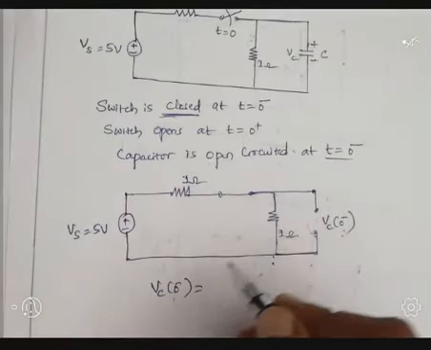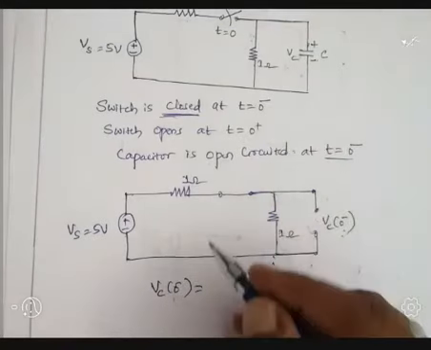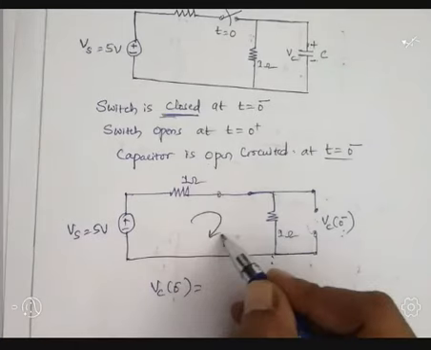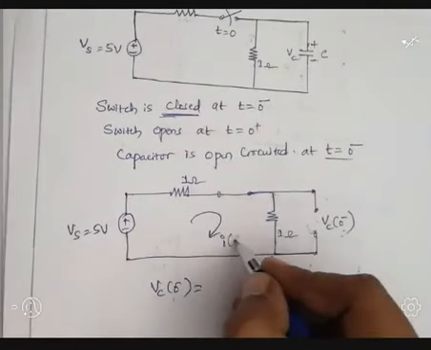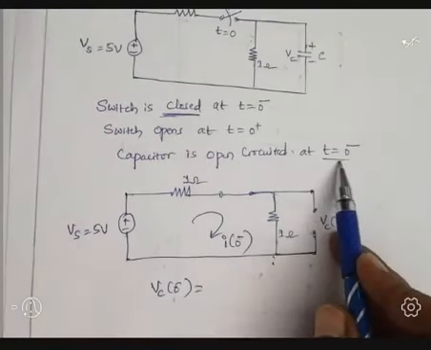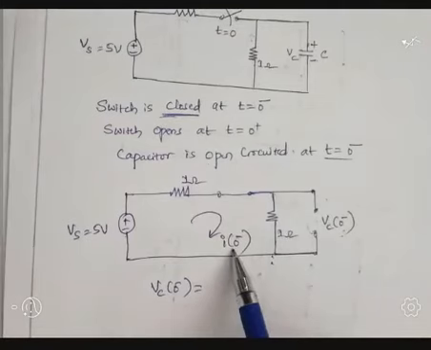I am going to represent the current flowing through this loop as I of 0 minus, because we are discussing t equal to 0 minus. So the current flowing through this network is I of 0 minus.